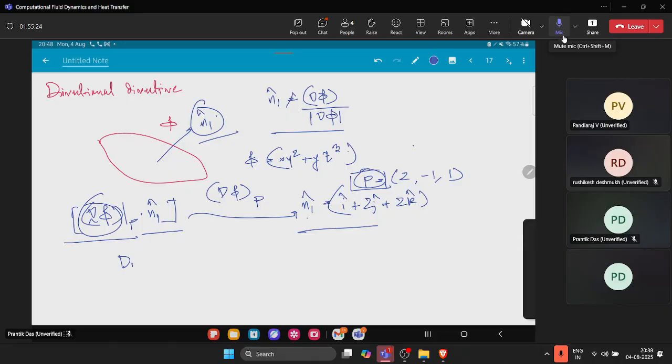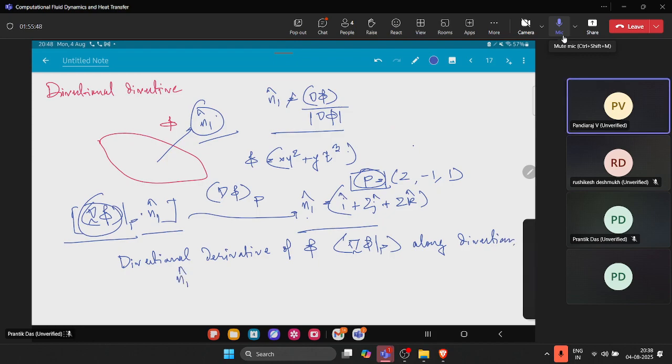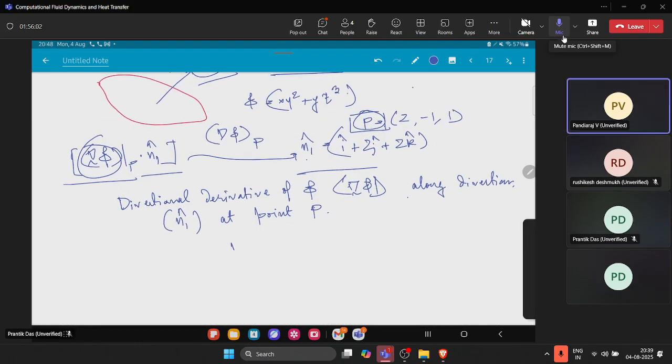So I want you to find out the directional derivative of phi, which is gradient of phi at point P along direction n1 cap. Or you can also frame it as directional derivative of phi along n1 cap at point P. That you have to find out, which is basically gradient of phi at point P dot n1 cap.